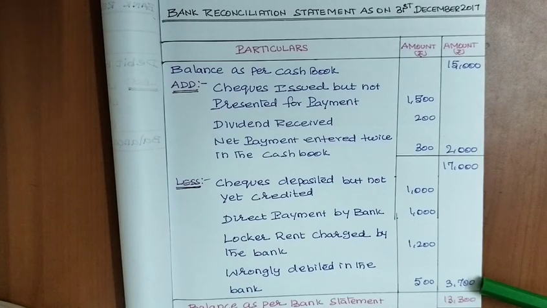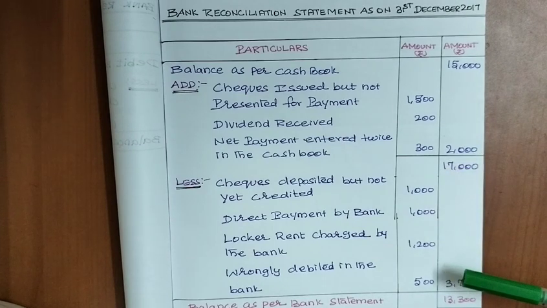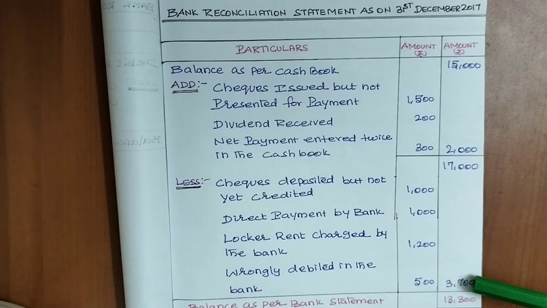Listen here, the subtracted total is lesser than the added total. So this amount is lesser than this amount. Okay, now we have to subtract 3,700 from 17,000.